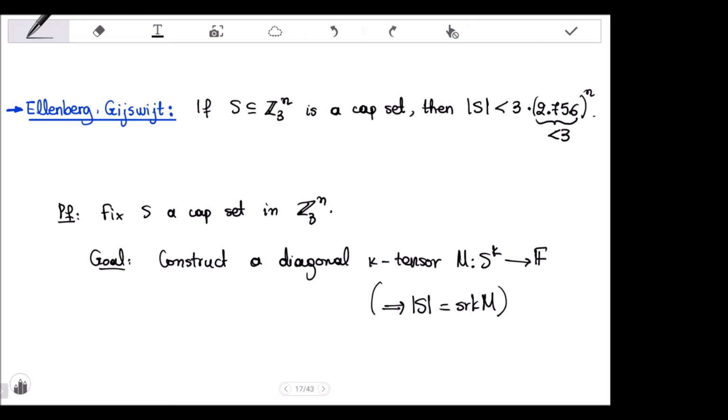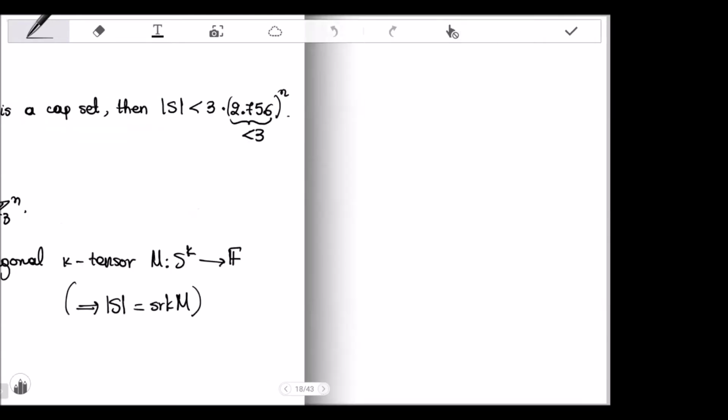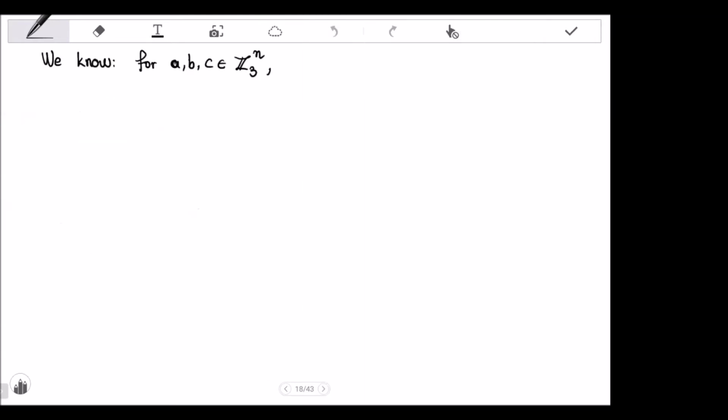But to construct an interesting tensor out of S, using the structure of S, we should think about what K-tuples we have information on. And that information is about triples in S. We know that no triple of points is collinear, lies on the same line, except if they are the same repeated vector.